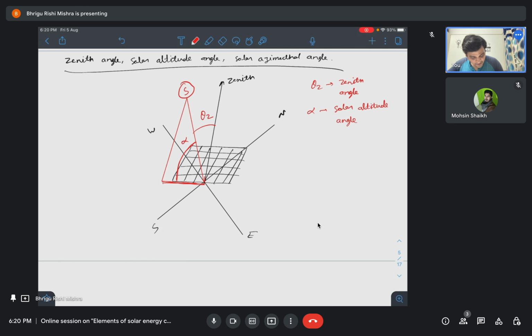And this projection of the sun makes an angle with the south direction, and this is called the solar azimuthal angle. So here AZ, it is also represented as gamma s.